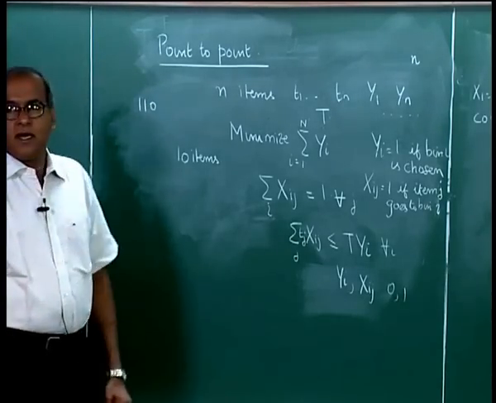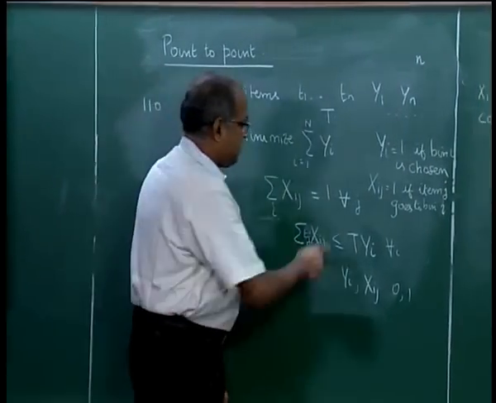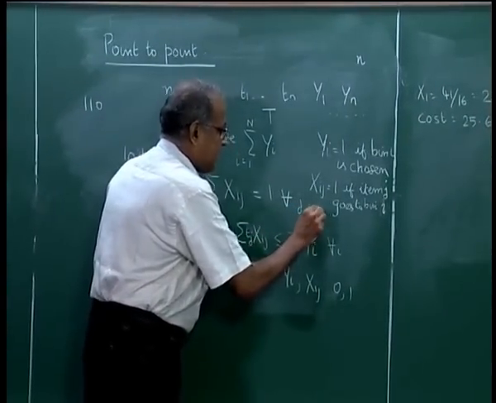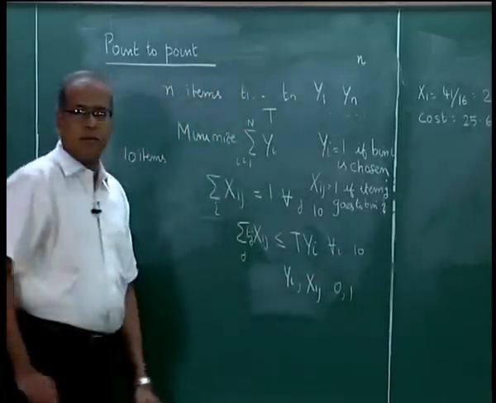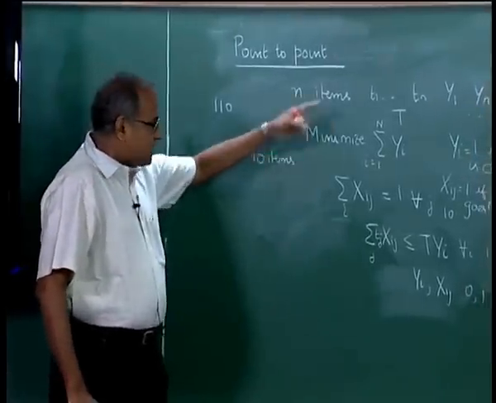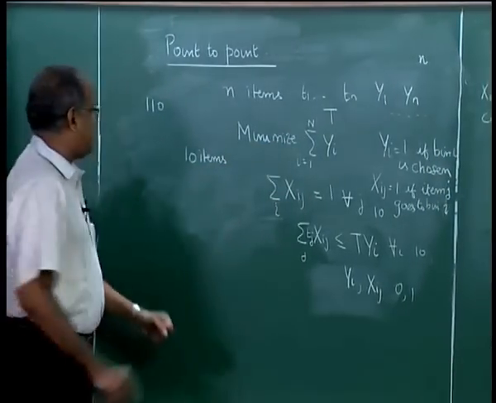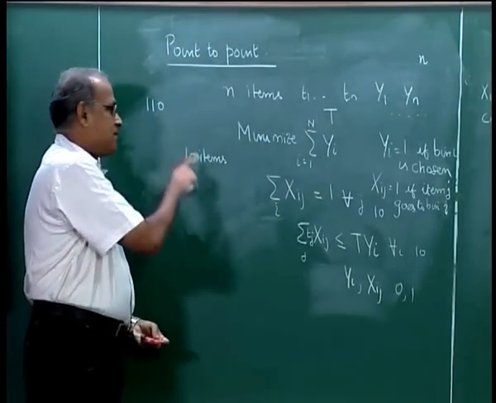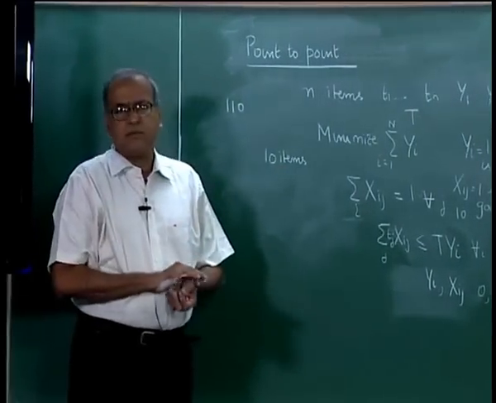So, we will have 110 variables, and this formulation will give us 10 constraints, and this would give us 10 constraints. So, there will be 20 constraints. So, if we actually solve a problem with 10 items using this formulation, we would have 110 variables and 20 constraints. We can do that.